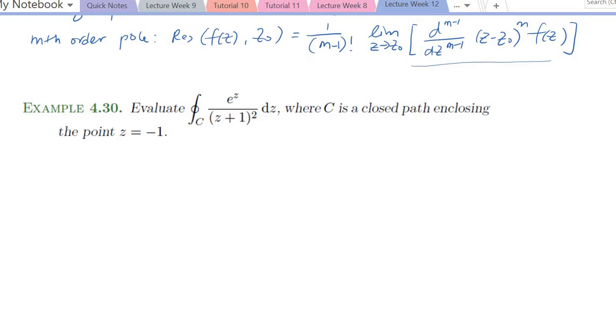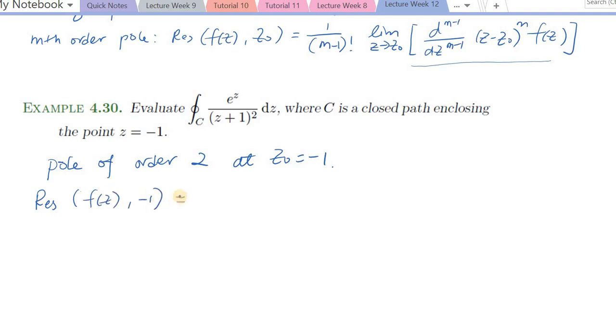As you can see, the function has a pole of order 2 at the singularity point z0, which is equal to negative 1. First we have to find the residue of f(z) at z0 equals negative 1. This is a pole of order 2, so this is not a simple pole.